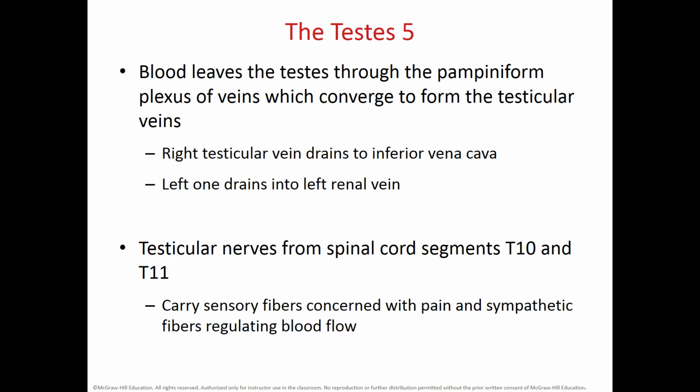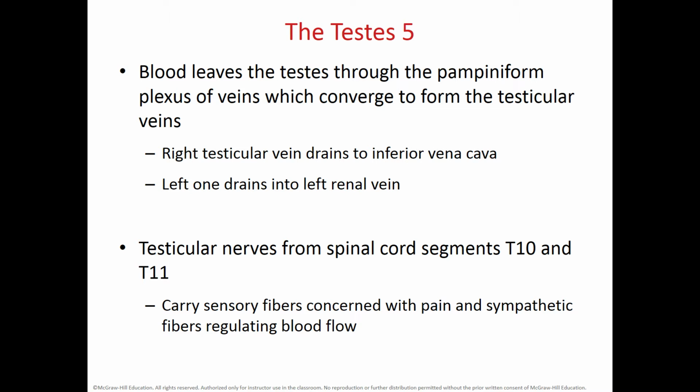Drainage of the blood from testes goes into the pampiniform plexus that runs inside the spermatic cord. And then from the pampiniform plexus, the blood from the right testicular vein will drain into the inferior vena cava, while the left is going to drain into the left renal vein.